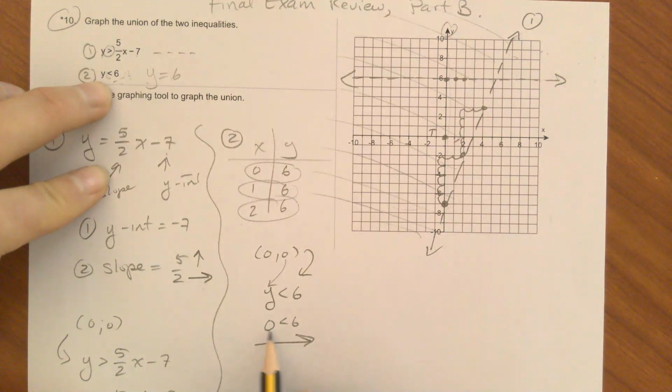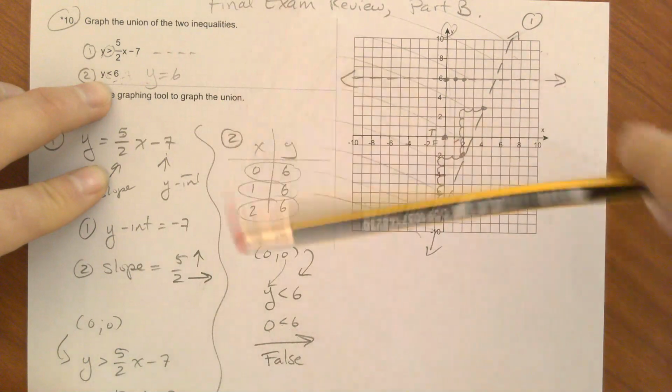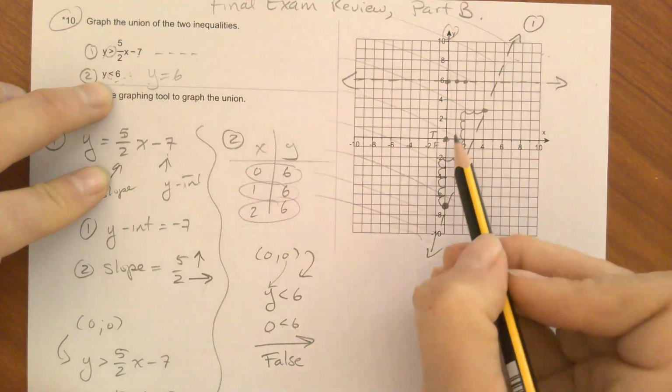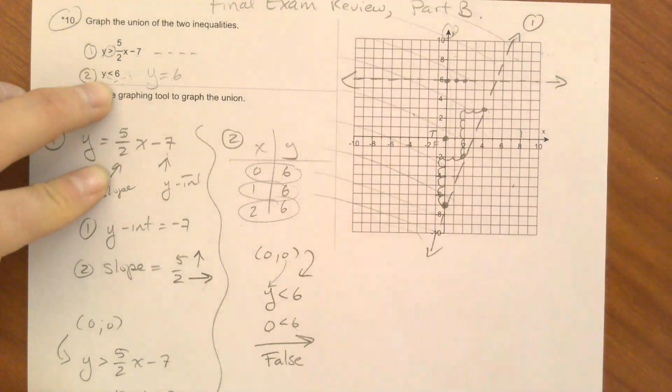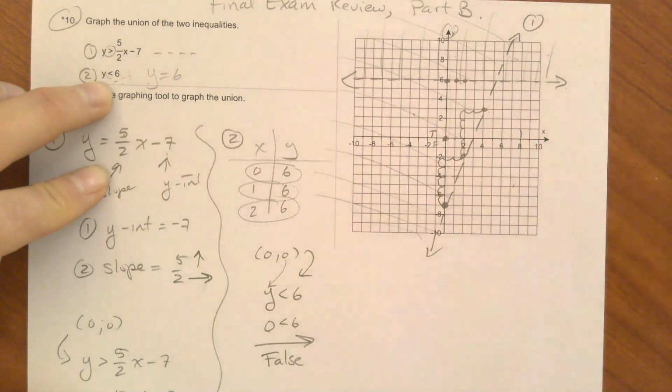Is 0 less than 6? No, 0 is not less than 6. 6 is bigger. So this is false. So this point is false, which means anything below here is false. Everything down here is false, and everything up here is true. That means I have to color above the line.